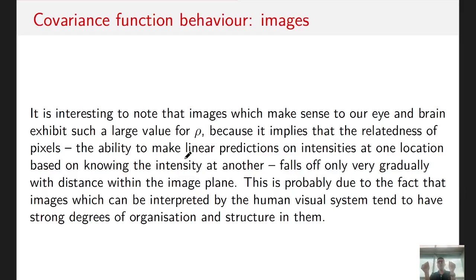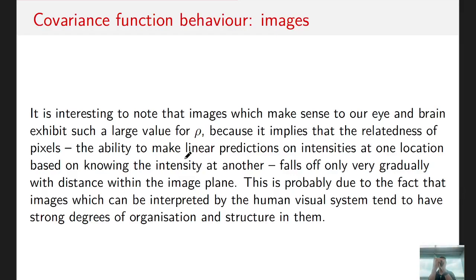The basic idea is that if you measure the covariance function between two pixels that are spatially close to each other, in the example I've talked about where the camera is looking at a scene and the relationship between the camera and the scene is fixed, and the scene kind of makes sense to us, it's not white noise, and it's not chaotic, then what you find is that the covariance function falls off slowly as you move the pixels apart.